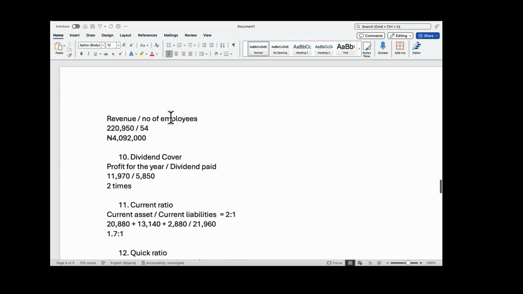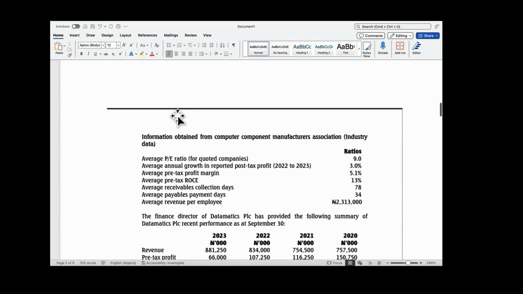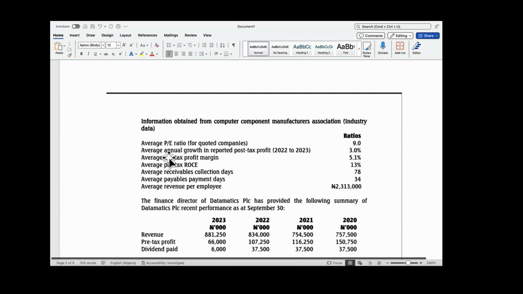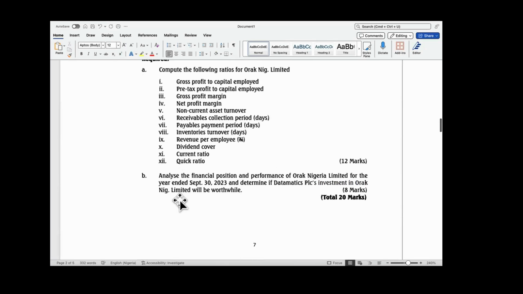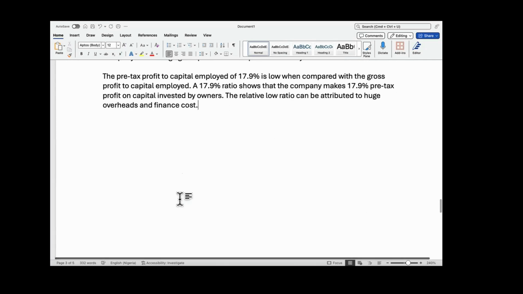Full stop. They didn't give me an industry average for the pre-tax profits to capital employed ratio, so I can't really see whether they are doing fine from that standpoint. Then I go to my next ratio, which is gross profit margin.